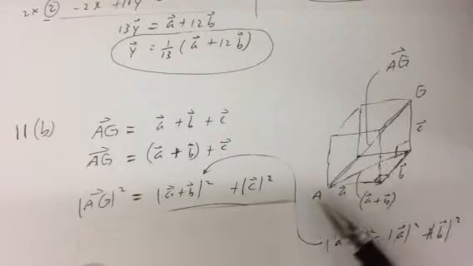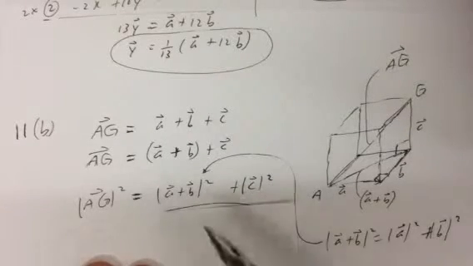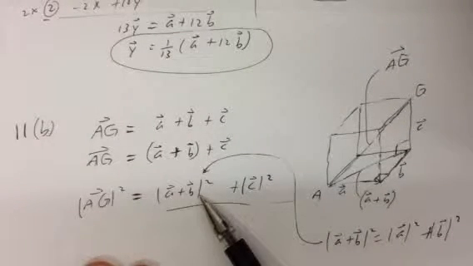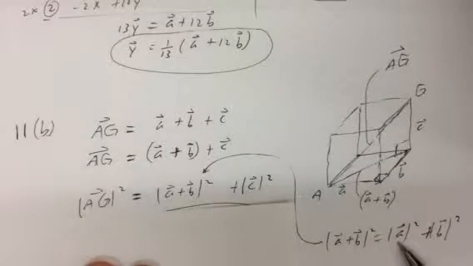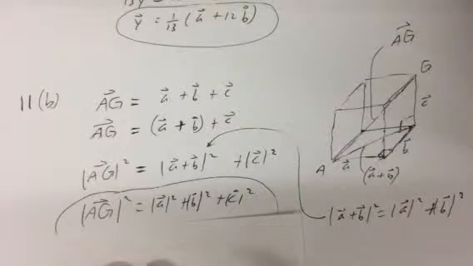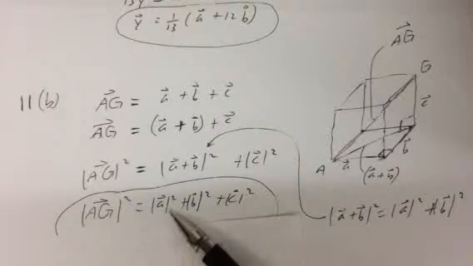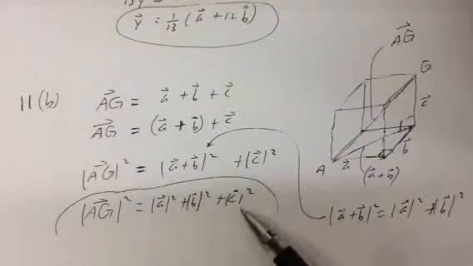It's 90 degrees in between a plus b and c. Now replacing a plus b squared, the magnitude, with this expression, a squared plus b squared, we end up with basically a three-dimensional Pythagorean theorem. So AG squared equals a squared plus b squared plus c squared.